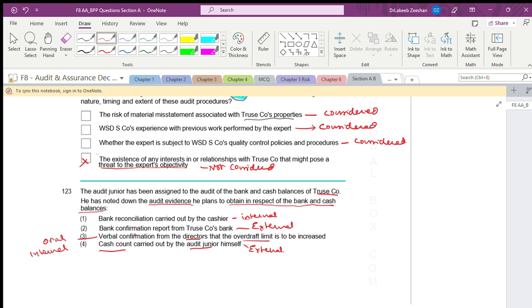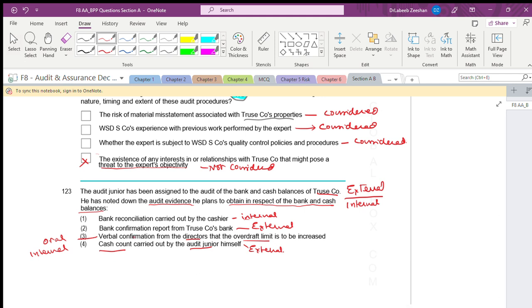The priority has to be given first to external. Then we give priority to internal.